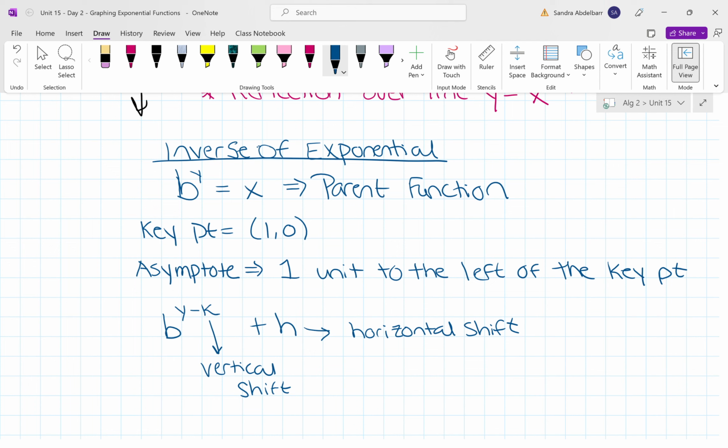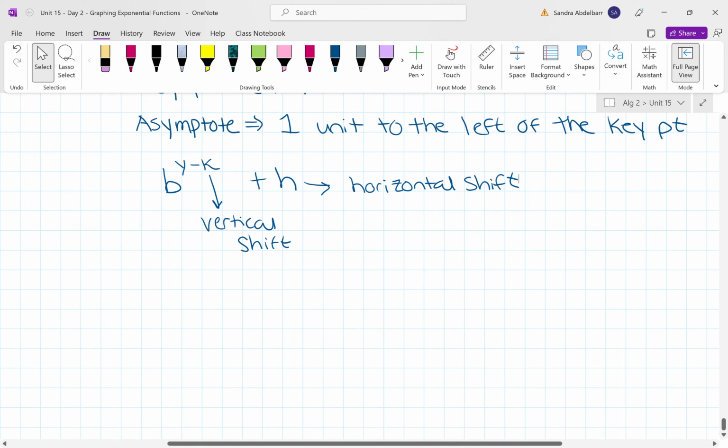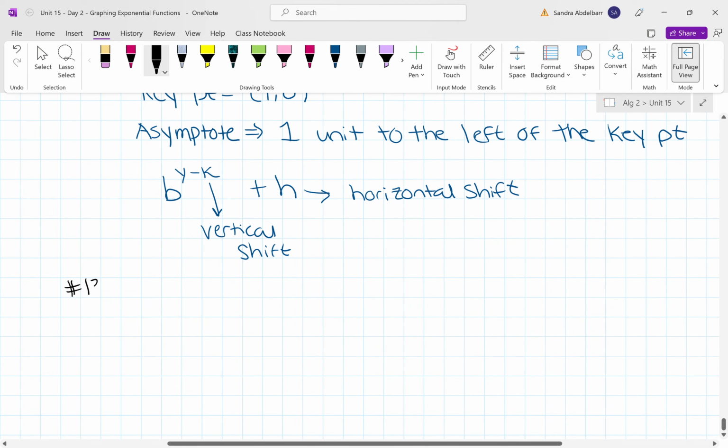All right, so the problem I'm doing right now is number 13 from your homework. Let's see what it asked. I need to see the worksheet. Number 13, okay, we're asking for a bunch of things. So we are going to answer some questions and sketch.